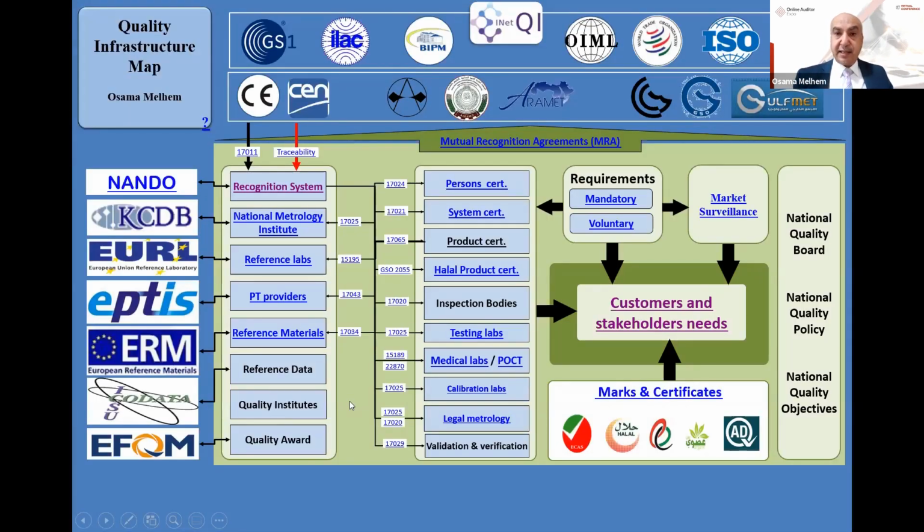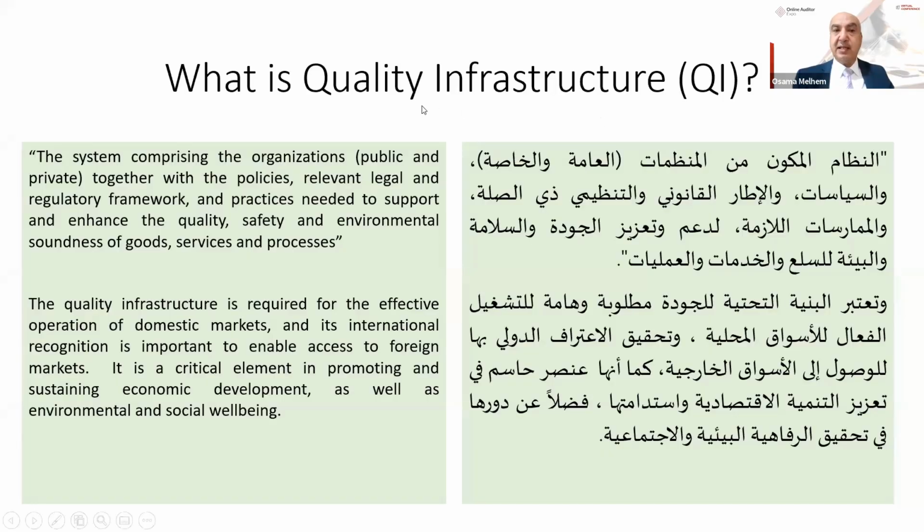I think I don't have enough time to talk about this map in detail. So let me, in summary, give you the definition now. What is the quality infrastructure as defined by the international networking on quality infrastructure?